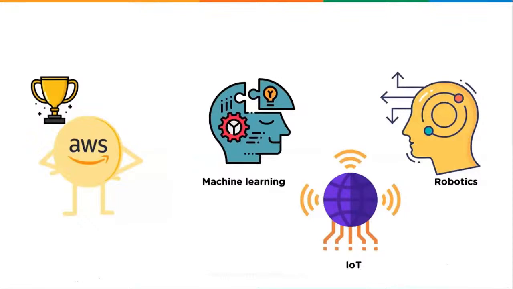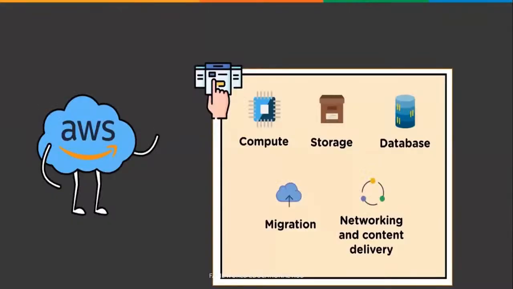AWS is the leader among public cloud providers and has a significant impact on modern technologies like machine learning, robotics, IoT, etc. Amazon Web Services is an online service provider that offers various services such as compute power, storage, database, content delivery network, and other resources to help businesses scale and grow. These services are provided on a subscription basis.